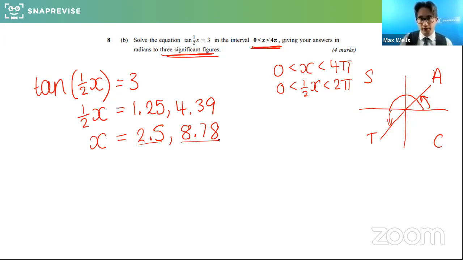It will make the values different. If you haven't met radians yet at school, this will appear a little bit confusing, but obviously if you were to do this question in degrees, the method is exactly the same. You would do inverse tan of 3, you'd get an angle and you'd add 180. This is essentially the same process, but we're looking at a different unit for angles.